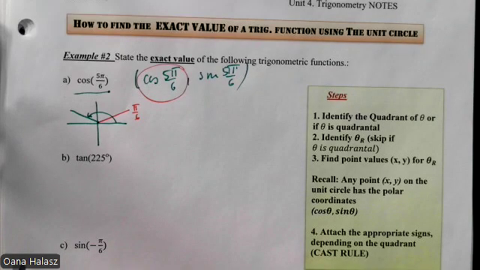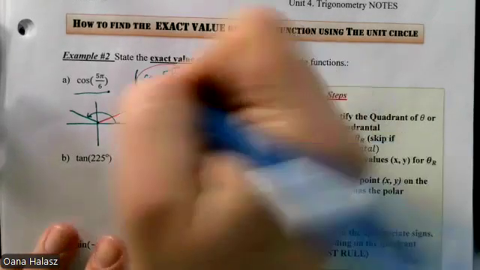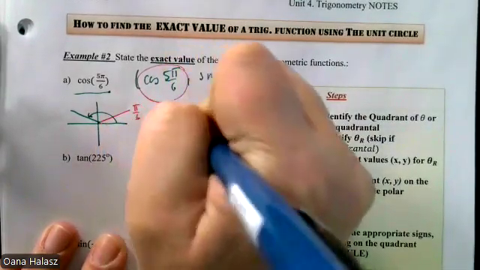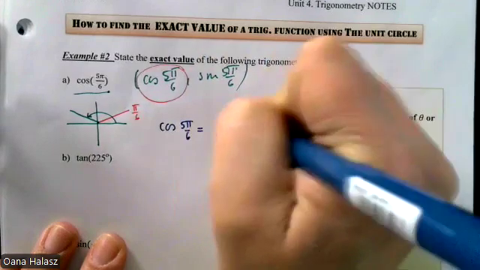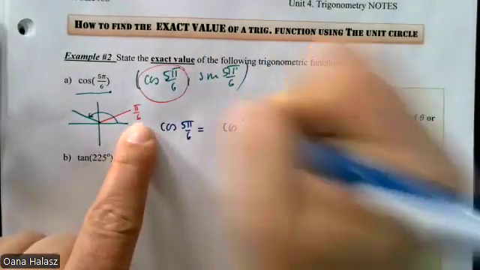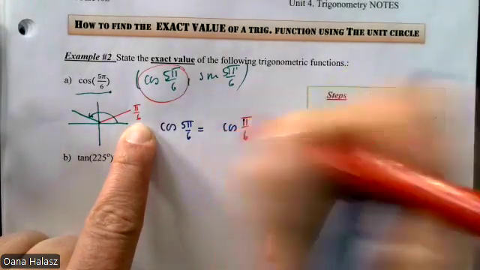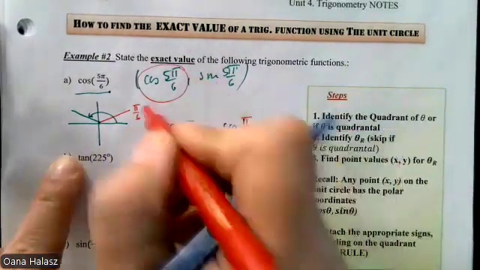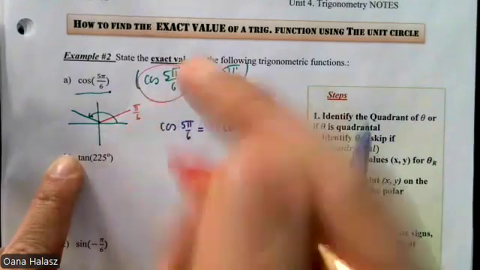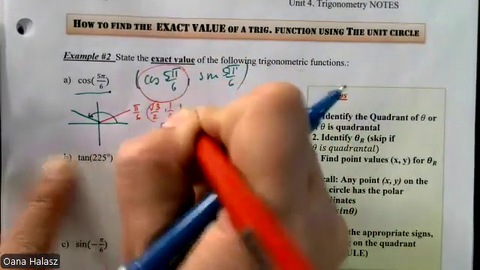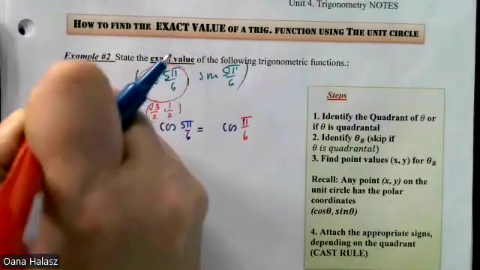Let's see. The way you write it fancy, you write like this: cosine of 5π/6 equals cosine of the theta r, which is π/6. But then you add the signs, because if here it's positive, remember the point is square root of 3 over 2 and 1/2. Here it's going to be what point?